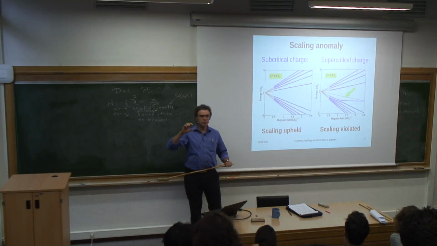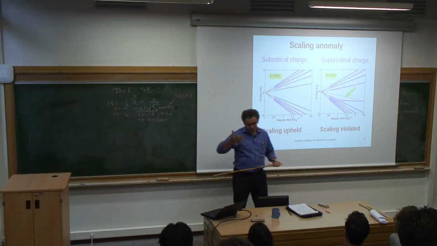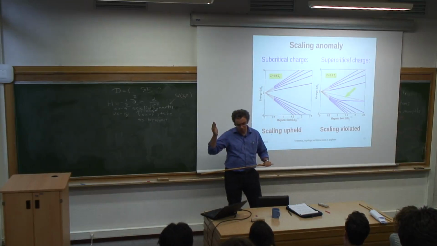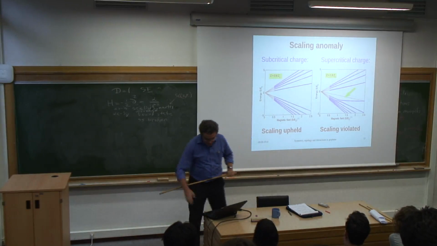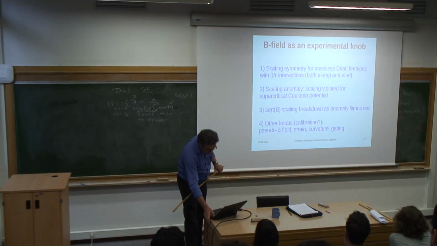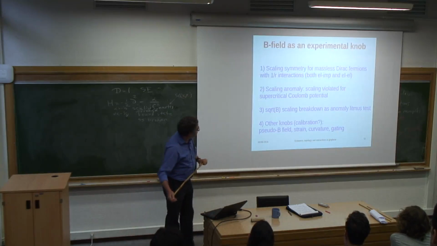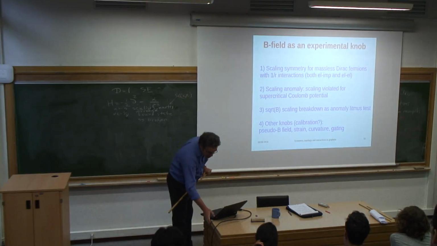One can do spectroscopy of Landau levels near a charge impurity, and if it's subcritical, there will be a square root B dependence for all energy levels, and if supercritical, it will break. So B field can be used as a knob to study the relation between scaling symmetry and collapse.